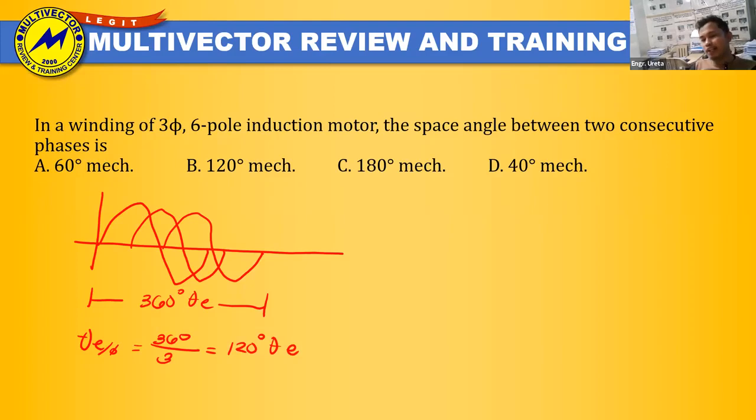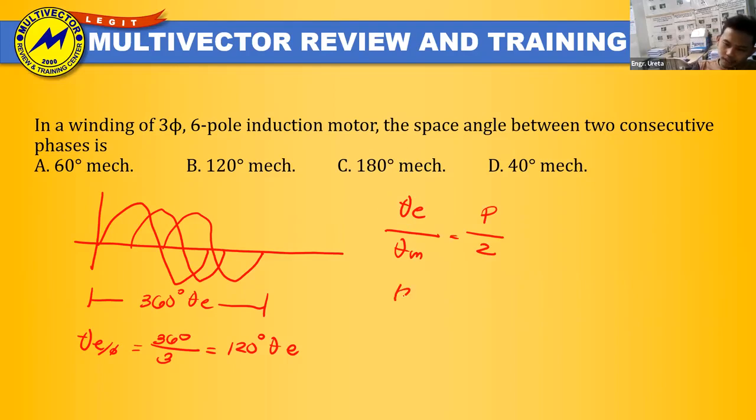Ayan yung electrical degree per phase ng ating 3-phase waveform. Pero kung mapapansin nyo dito sa choices, hindi naman electrical degree yung hinahanap, kundi yung corresponding mechanical degree ng ating per phase. Sir, ano ba yung conversion? The electrical degree per mechanical degree is just equals to the number of poles divided by 2. Ngayon, yung per phase electrical equivalent is 120 electrical degree.